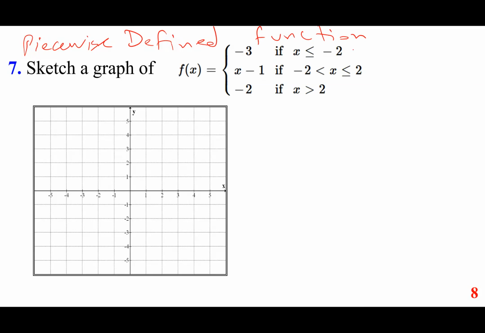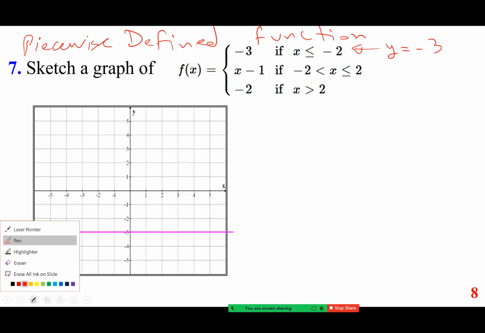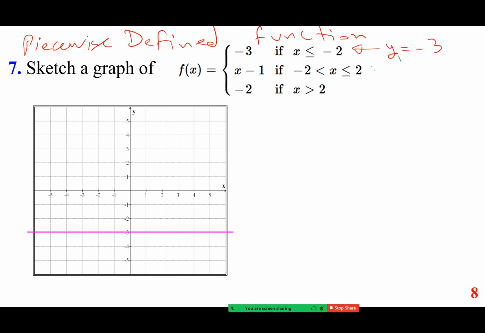For example, for this one, I can graph y equals negative 3, which is a horizontal line in general. I'm going to call it y sub 1. The second one, y sub 2, I'm going to graph x minus 1, which is a line.